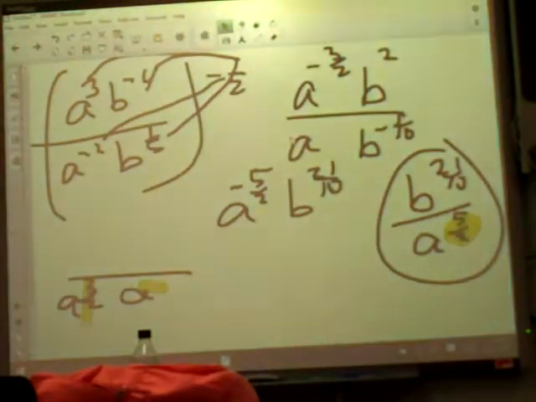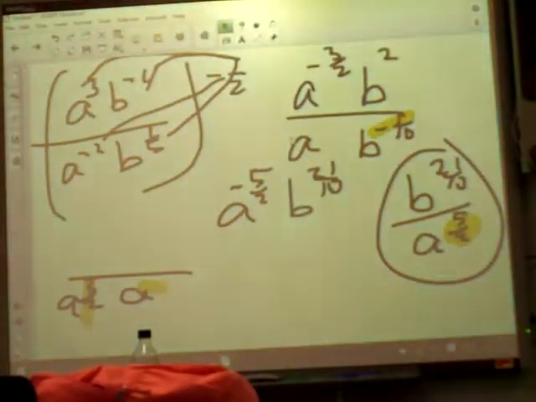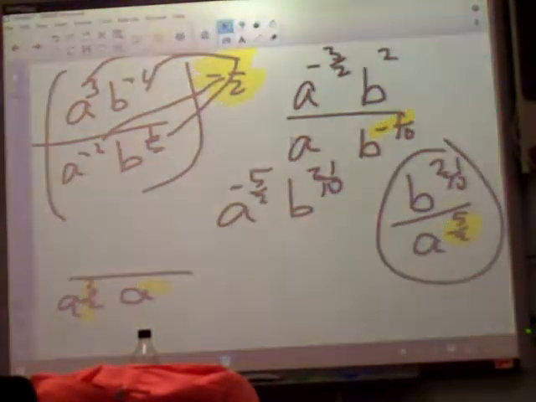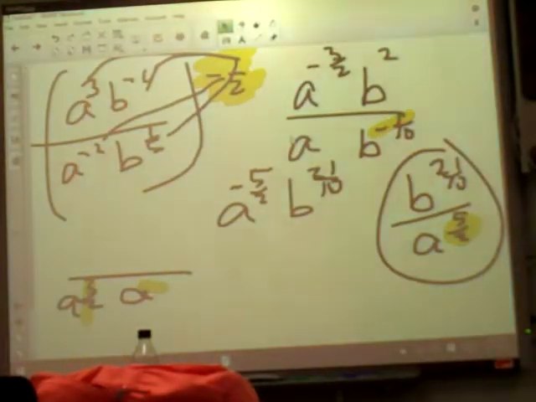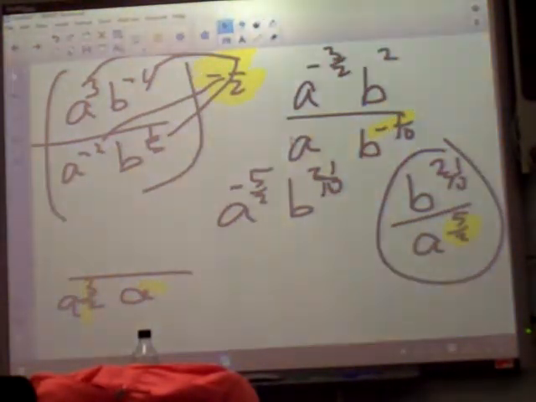Zane said go ahead and put the negative 1/10 up, and that would have been the same as what you said with the A's. All y'all are right. Those are all good answers. This is cool that there's so many different ways to do this. We attacked that negative 1/2 power first. We just went ahead and flipped the whole fraction and then made it a positive 1/2 power. And we still got the same answer.